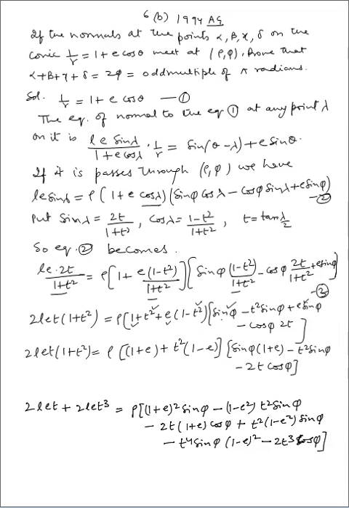So here the t square 1 minus e square sin phi terms will cancel out.